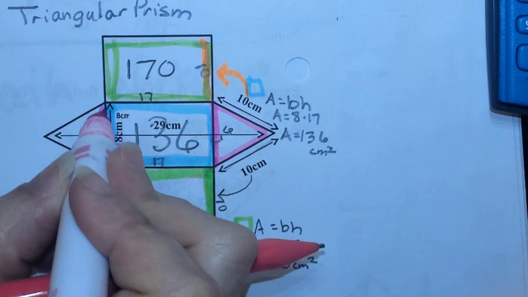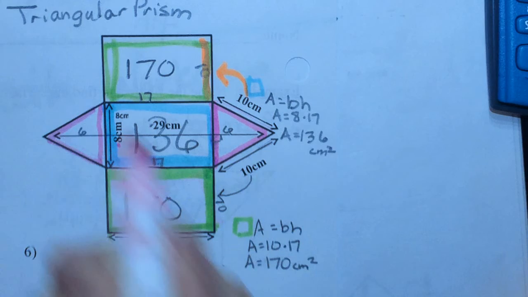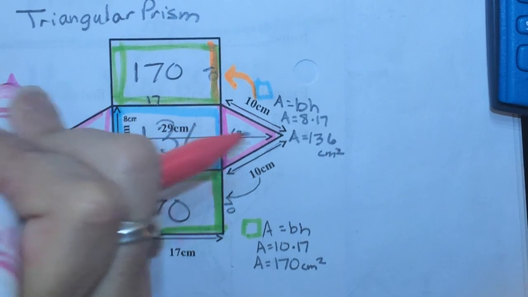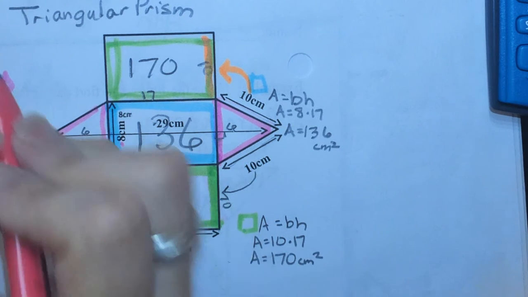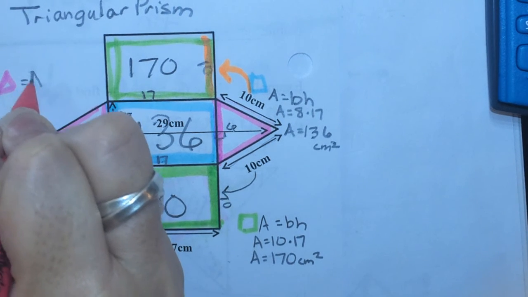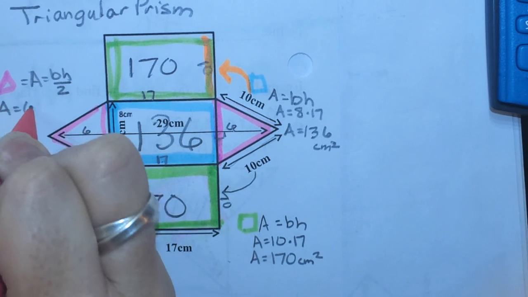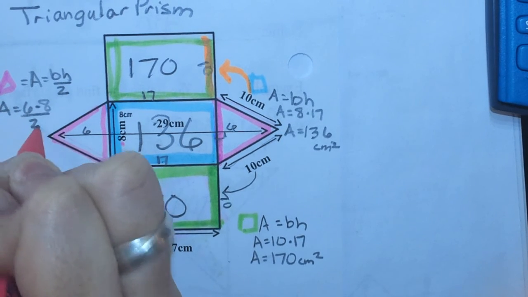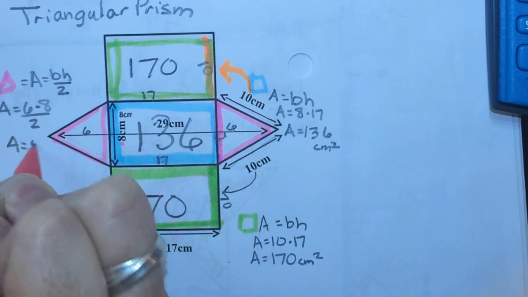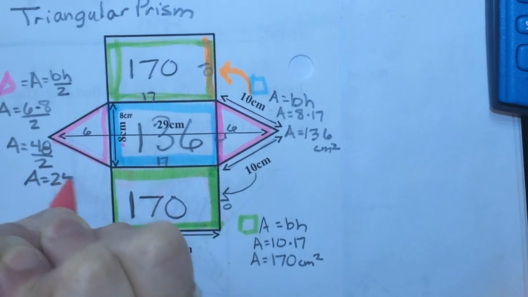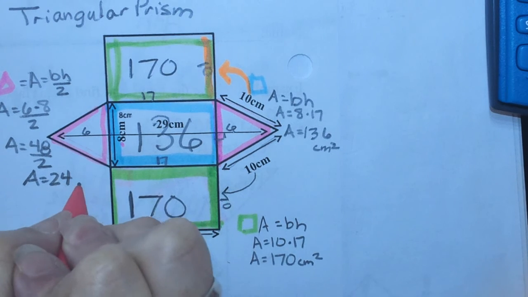Same thing here. So the triangle, six times 8 divided by 2, 48 divided by 2, 24.